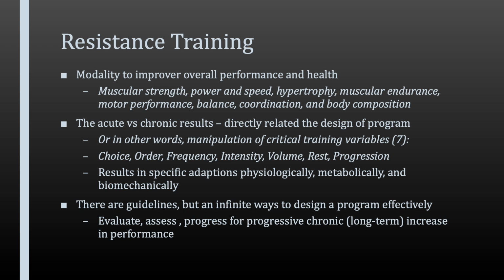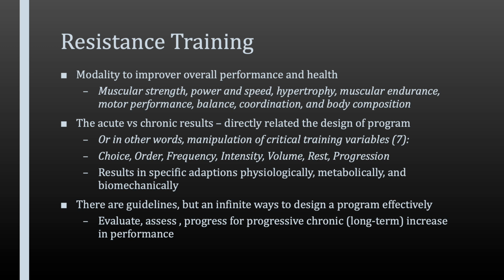A resistance training program includes several variables interacting with one another to provide a stimulus for a specific adaptation. So we have these 7 critical variables.